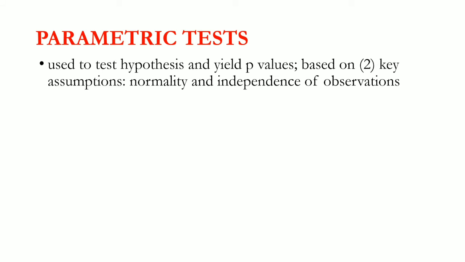Just take note that parametric tests are used to test a hypothesis and yield p-values. The use of parametric tests is based on two key assumptions: normality and independence of observation.